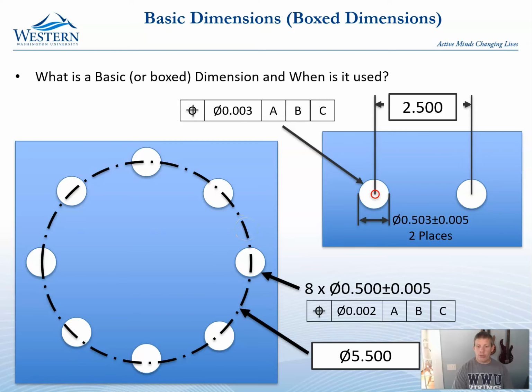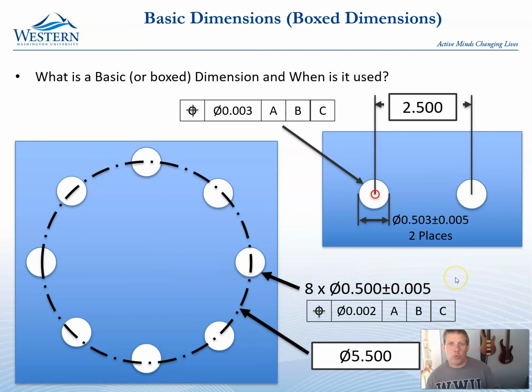So the bolt hole circle will not have a position tolerance, because it's not a real feature. It is a datum feature for doing this measurement, and so it will be basic dimensions. If you are dimensioning to the middle of this bolt hole circle from the edges in X and Y, those would also be basic dimensions.